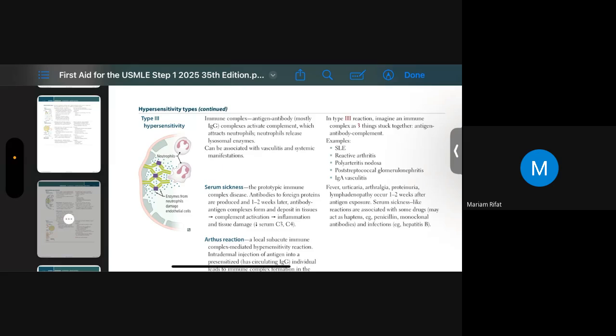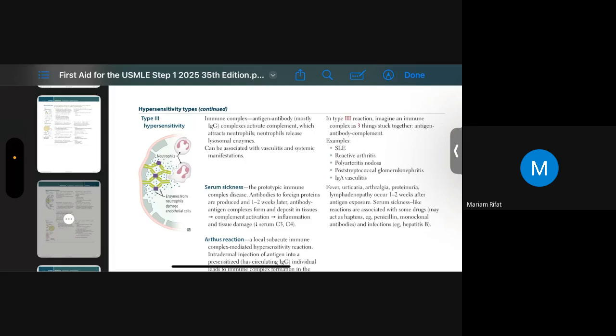Sometimes you can have a lot of immune complexes that can deposit in different tissues. For example, they can deposit in your kidney basement membrane. They can deposit in the skin. In SLE we have seen that, right? So what happens? It's the goal of your complement system to destroy these immune complexes.